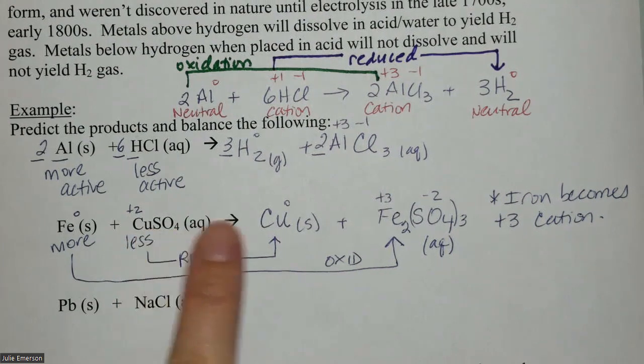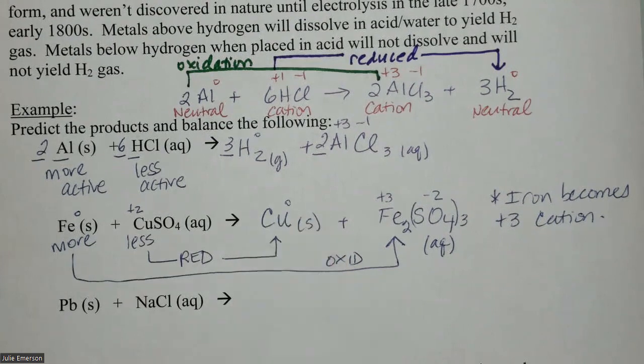But remember, copper is only taking in 2. So really, the focus of balancing a redox reaction, which you do a lot of in Chem 2, is the balance of the electron exchange, because electrons can't just come out of nowhere and go to some mystery place. We have to be able to see where they're coming from and where they're going.